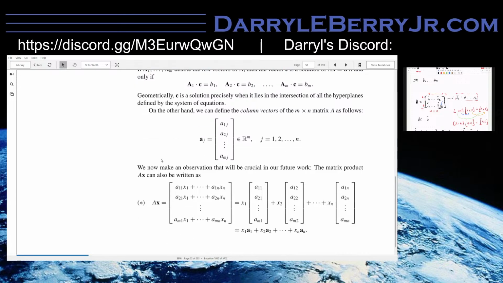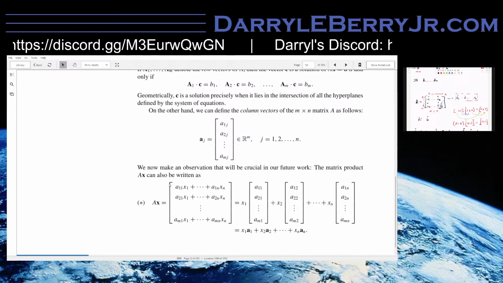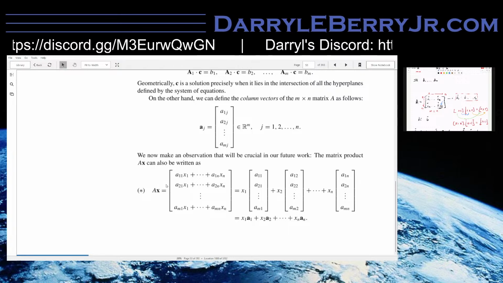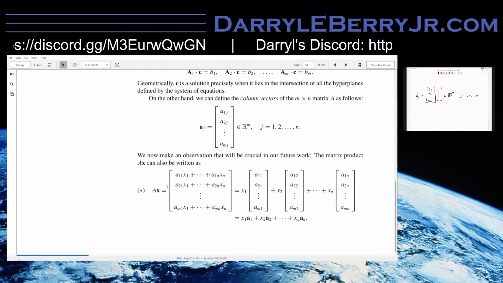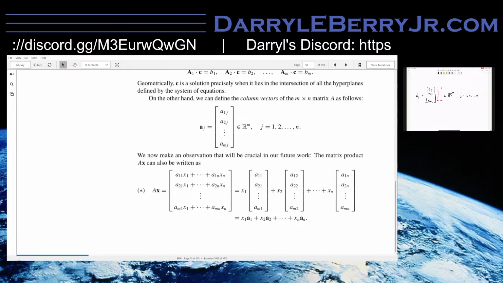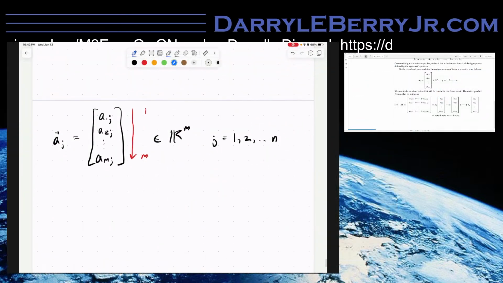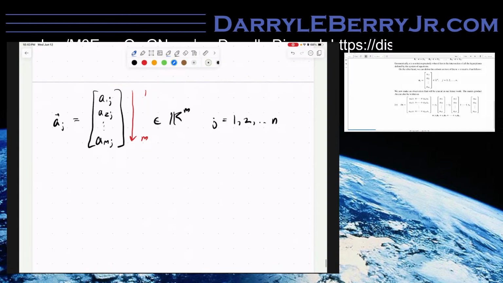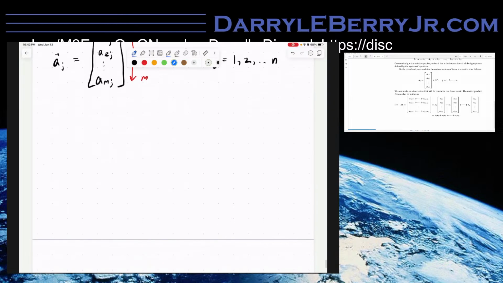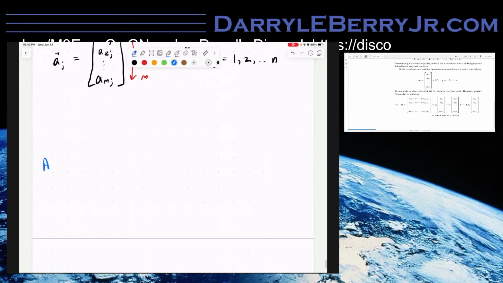All right, so they say this observation is crucial, right? So it's saying the matrix product can be written as we have AX equals. I'll highlight my handwriting on this one as I write this out.